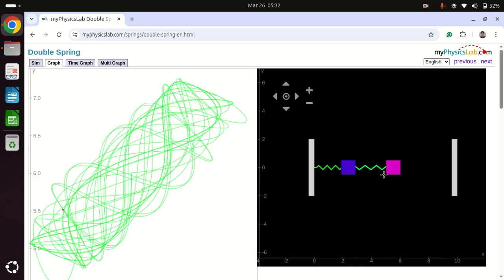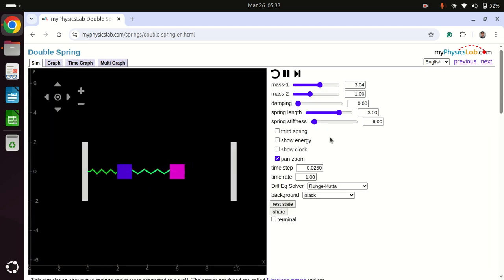Okay, so this spring is going to stretch and compress, and when it comes here this spring is also going to stretch or compress, and therefore instead of single spring we can see here there are more number of oscillations we might observe, because the spring stiffness is less.